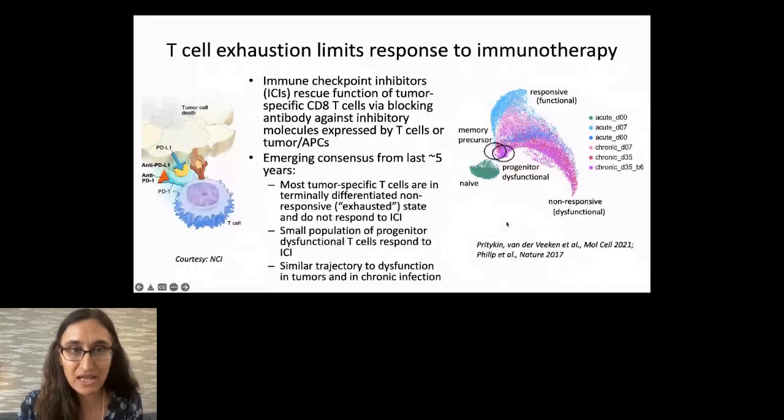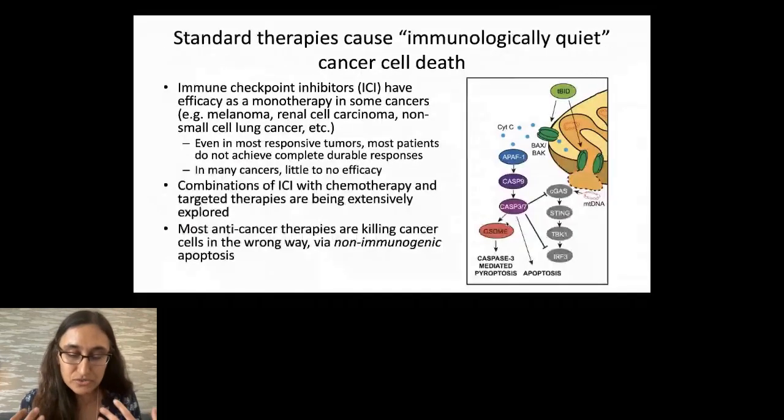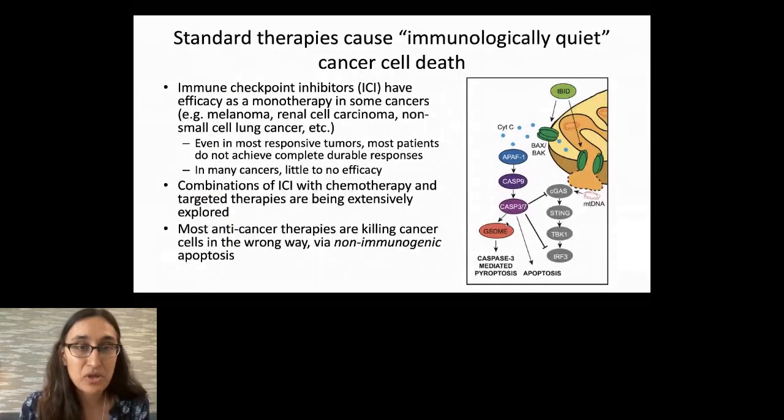Okay, so I'm going to talk about a different concept for how to think about the limits of current immunotherapy. And in particular, often immunotherapy doesn't work as a monotherapy, right? So in some tumors, there is some efficacy as a monotherapy: melanoma, clear cell renal cell carcinoma, non-small cell lung cancer.